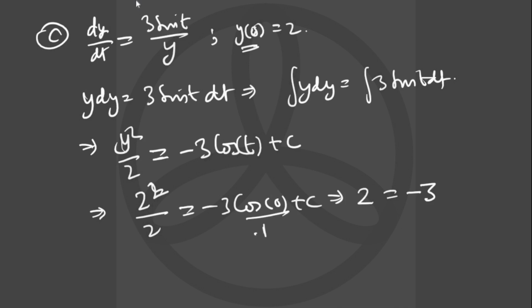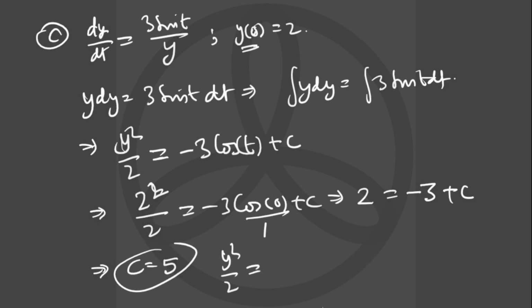So this will be minus 3 plus c. So here we'll get c is equal to 5, and this c we need to substitute here to get y squared over 2 is equal to minus 3 cos t plus 5, or 5 minus 3 cos t. And I think this will be the answer.